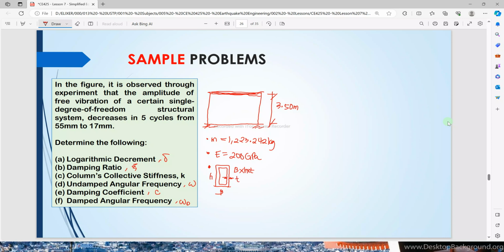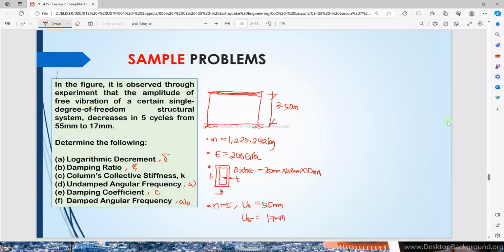That is equal to 75 millimeters by 150 millimeters by 10 millimeters. And then we're given that in 5 cycles, the initial displacement is 55 millimeters, and after 5 cycles the amplitude of the displacement became 17 millimeters.